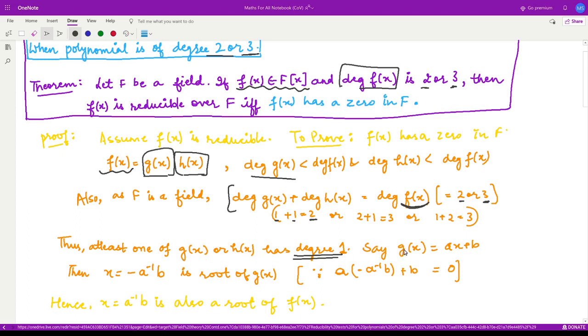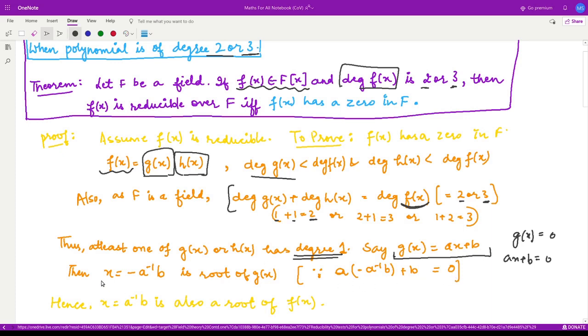So we assume that g(x) is of degree 1, and that means it would be some linear polynomial of this kind, ax + b. Now when could we say that this polynomial is 0? When ax + b is equal to 0. So the root of this polynomial would be minus a inverse b, because when you plug x equal to minus a inverse b into this polynomial equation, you'll get 0.